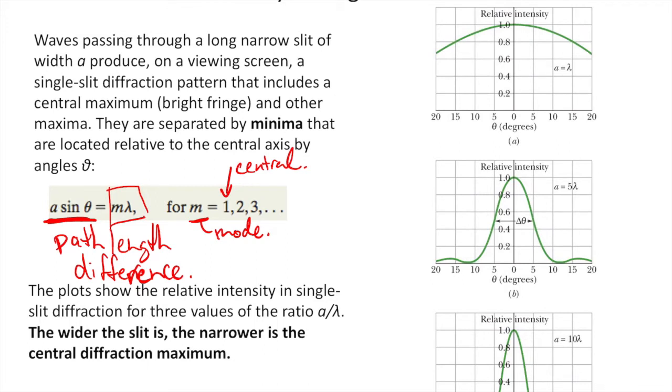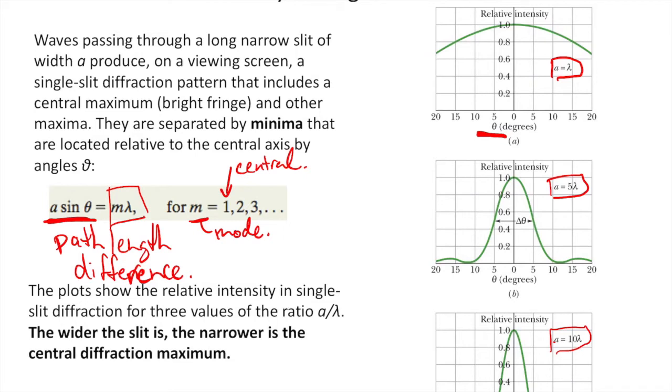Okay. These graphs to the side are showing, it's telling you this one's A equals lambda, this one's A equals 5 lambda, this one's A equals 10 lambda. And then you have theta on the bottom, and relative intensity.